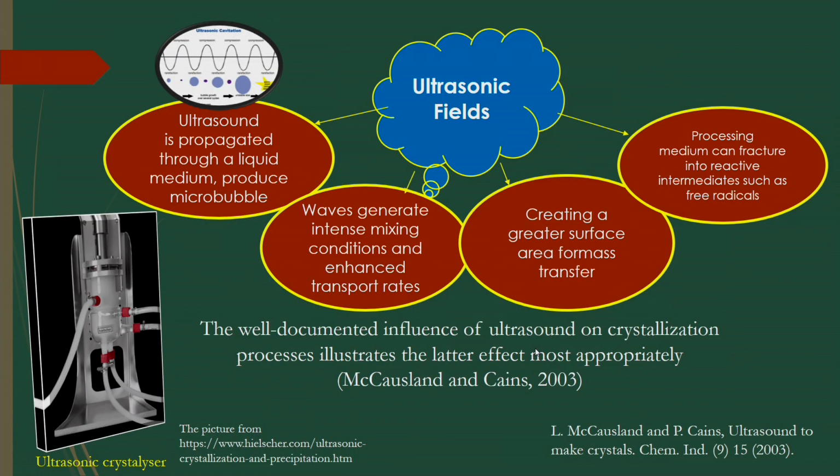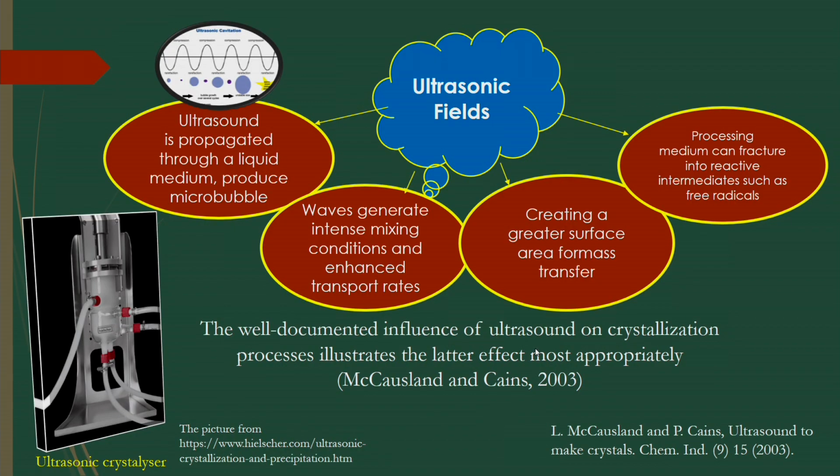Another is the ultrasonic field, where sound is produced through a liquid medium to produce micro bubbles. Generation of micro bubbles is important because to get more interfacial area for the gas liquid mass transfer operation, you have to produce more surface area. So you can produce micro bubbles for the intensification. The ultrasonic method is one important method by which you can produce micro bubbles.